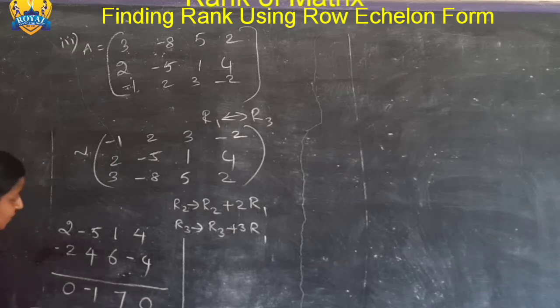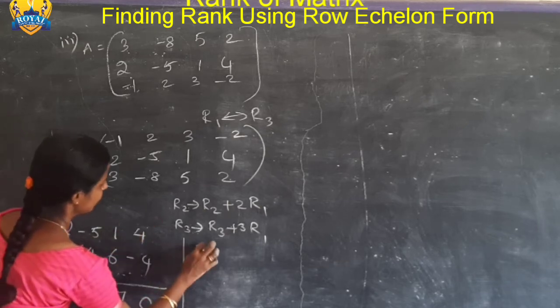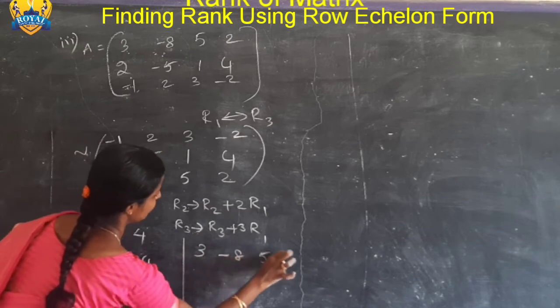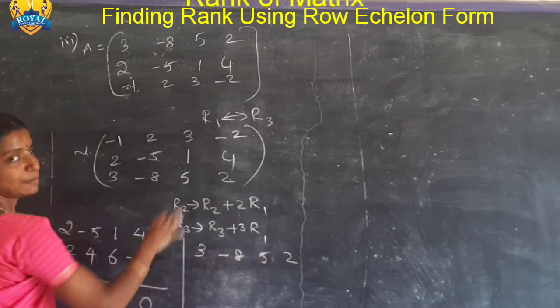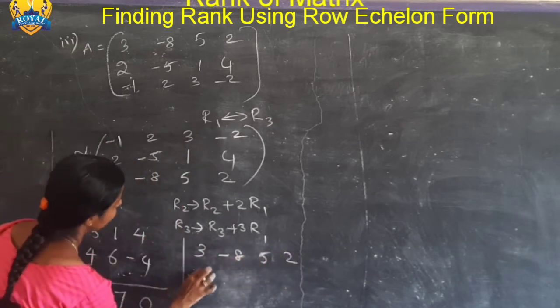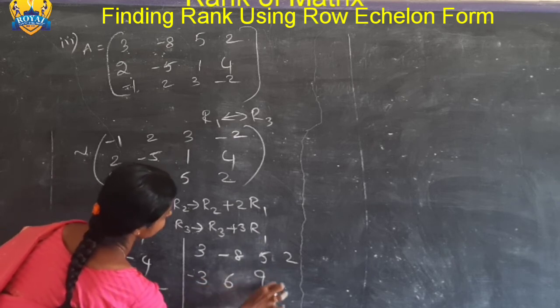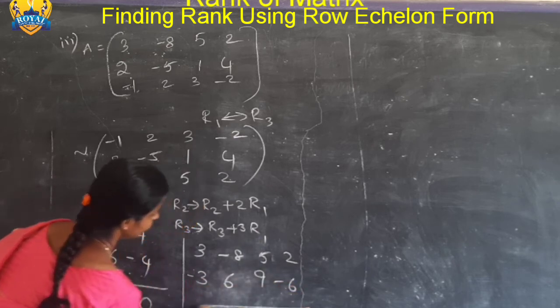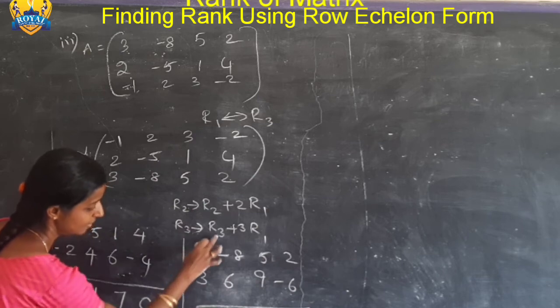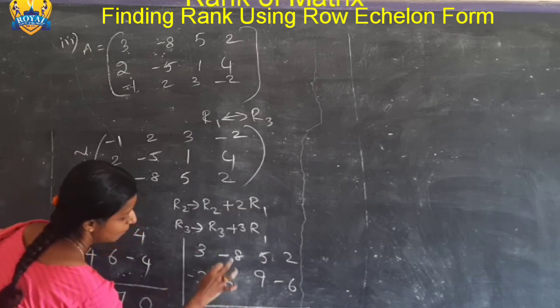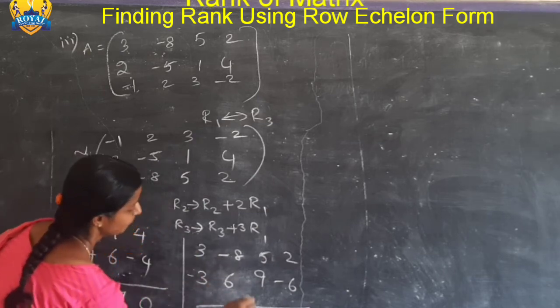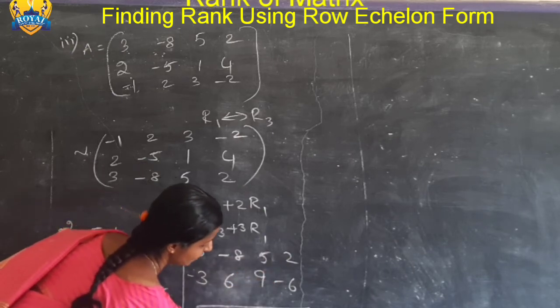Similarly, take R3, 3 minus 8, 5, 2. I am going to multiply R1 by 3. Minus 3, 3 2s are 6, 3 3s are 9, minus 6. Now here also I am going to add 3 minus 3, 0. Minus 8 plus 6, minus 2. 5 plus 9, 14. 2 minus 6, minus 4.